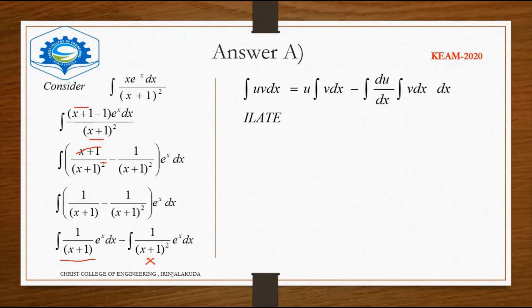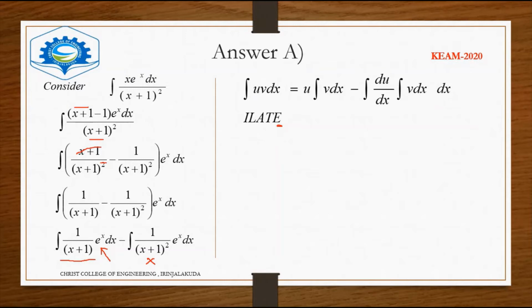Now in our first integration, since we have an exponential term, we can consider that as the second function v, because exponential comes at the end of the rule. So the remaining term, that is 1 by x plus 1, will be the function u.